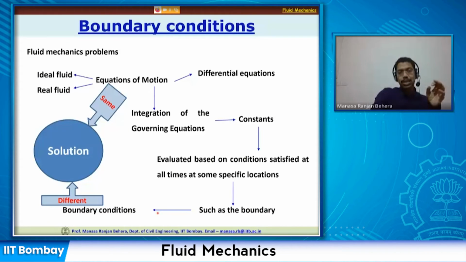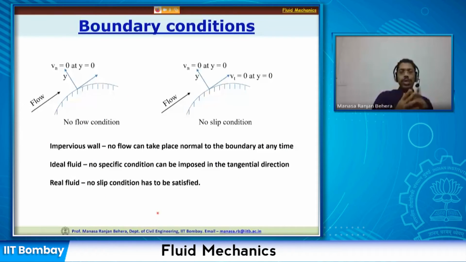Now, having said this, let us understand how the boundary condition is going to vary for ideal fluid and real fluid. Typically, I am showing you this example. On the left side, if you see, I have a no flow condition. So what happens in no flow condition? Your velocity in the normal direction to the surface is 0 at y equals 0.